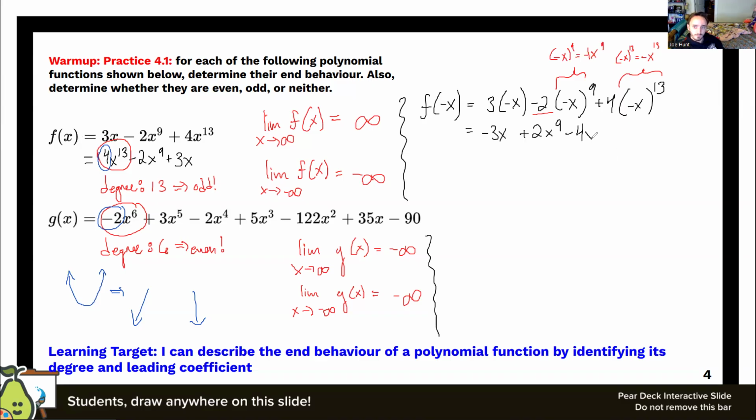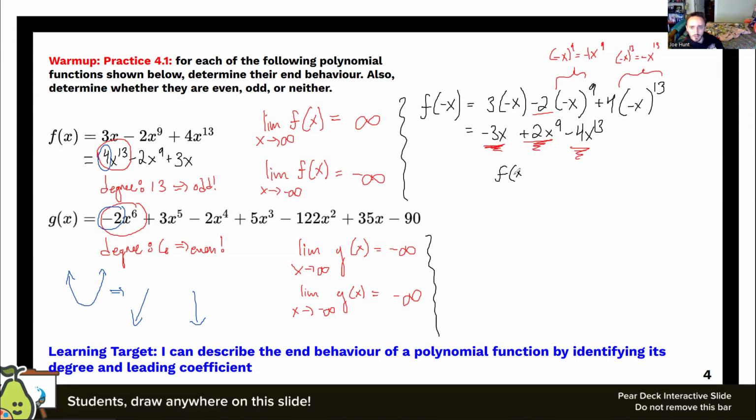Now, I want to compare that against the original equation. When I compare to the original, I started with 3x, but now it's negative 3x. I started with negative 2x to the ninth, now it's plus 2x to the ninth. And I had plus 4x to the 13th, and now I've got negative 4x to the 13th. So it's the exact same function, it's just everybody's got their signs switched.